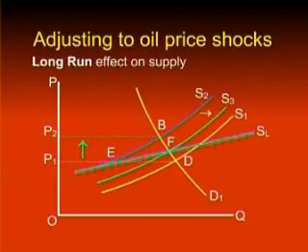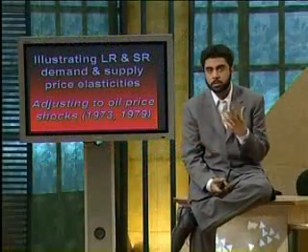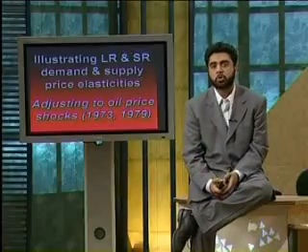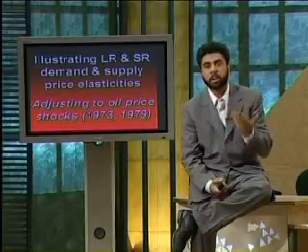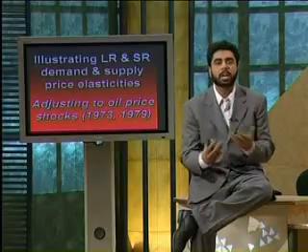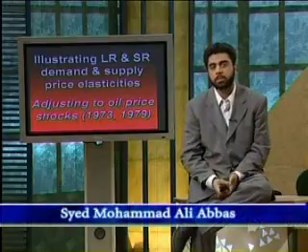Therefore, a long-run supply curve can be drawn by linking points E and F. The example that I just gave you is a very strong example of how short-run and long-run responses, both of suppliers and consumers, can be different in response to a price increase.